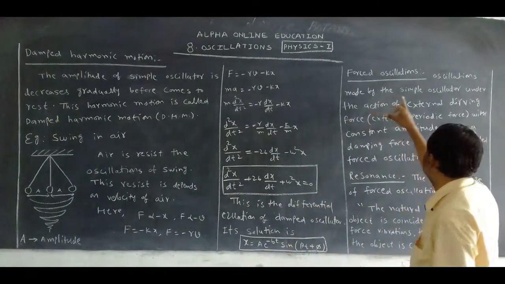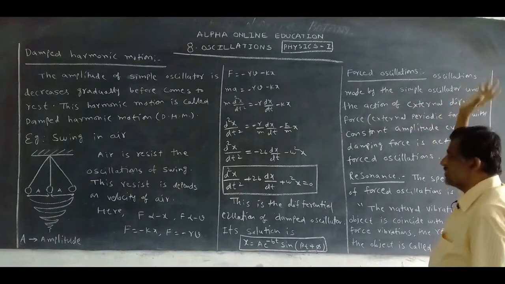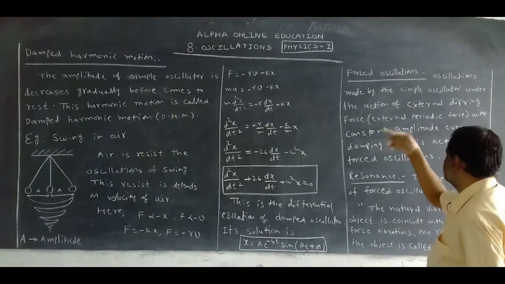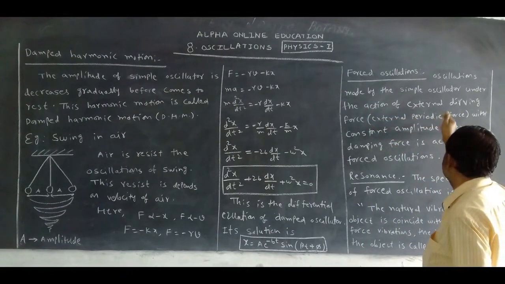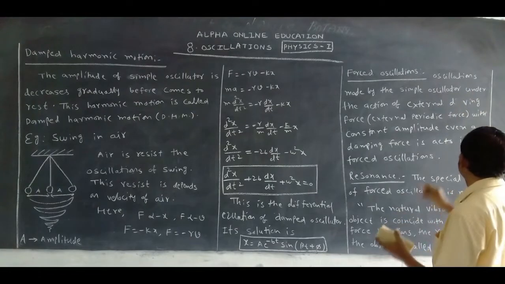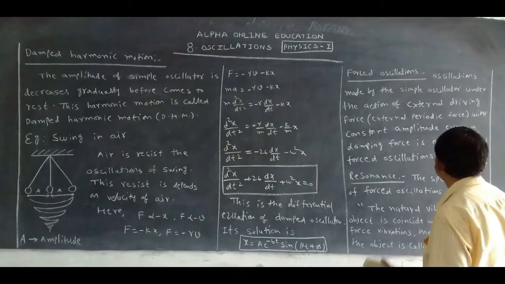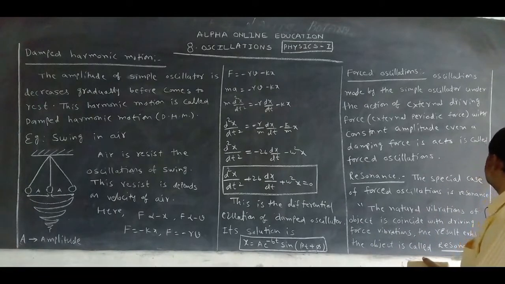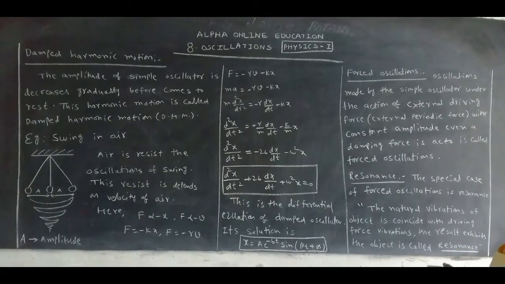Now what are forced oscillations? Oscillations made by the simple oscillator under the action of an external driving force or external periodic force, with constant amplitude even when a damping force acts on the object, are called forced oscillations.